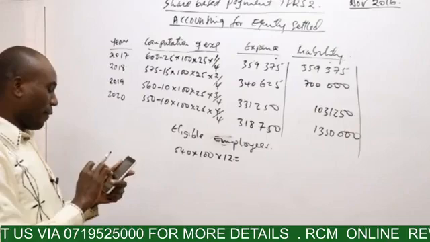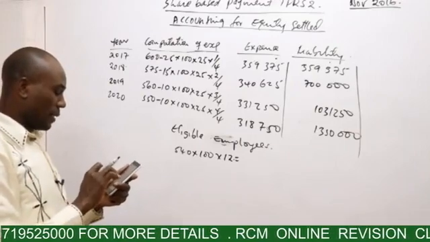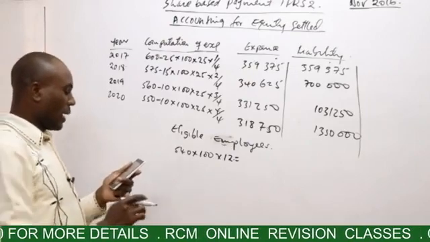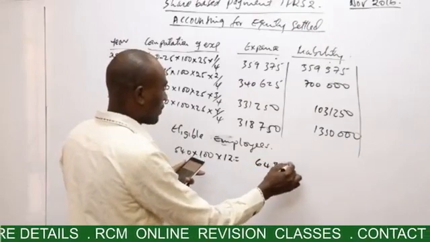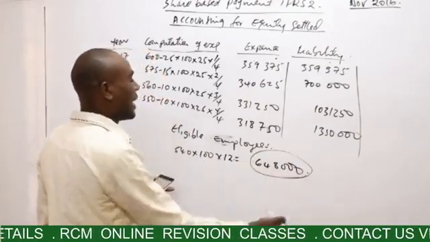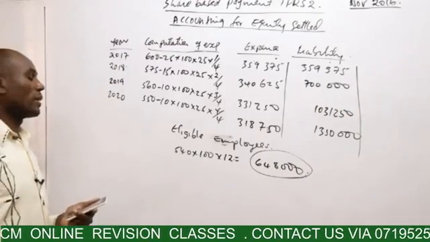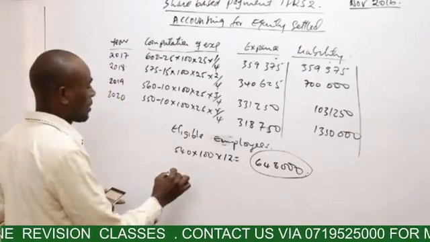We are getting 648,000. It means that on exercise, the company will be getting that much from these people when they exercise the right to purchase company shares.